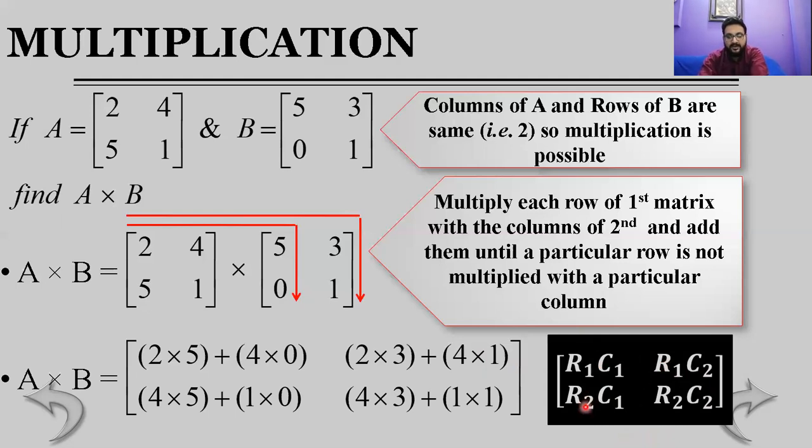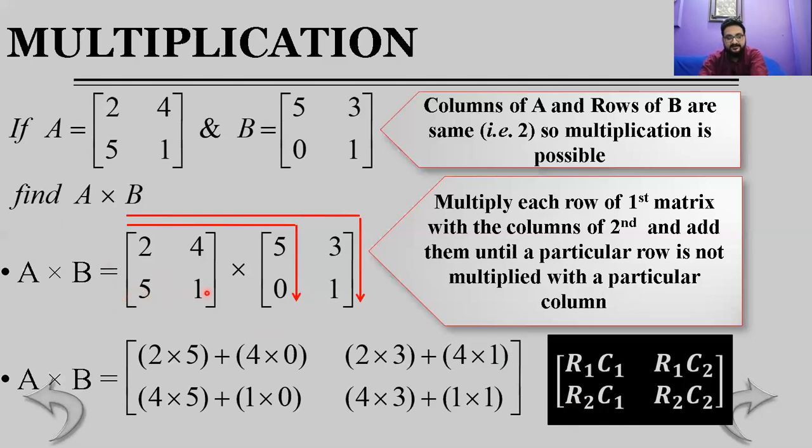Now we are talking about C. What's the value of this? R2 multiplied by C1. R2 in the first matrix and C1 in the second matrix. So where is the R2? R2 is 5 1. Second row. R2 means second row. What is the second row of matrix A?